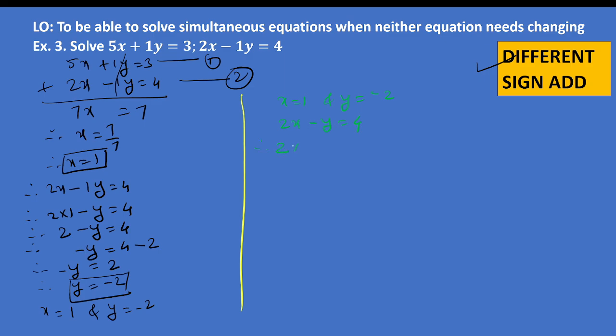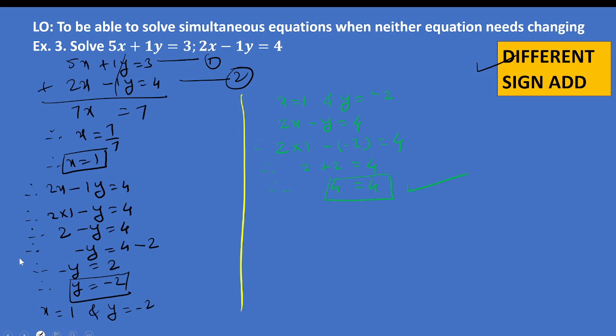Therefore 2 into 1 minus of minus 2 equals 4. This is 2 plus 2 equals 4. So my left hand side comes to 4, the same as the right hand side, hence our answer is verified.